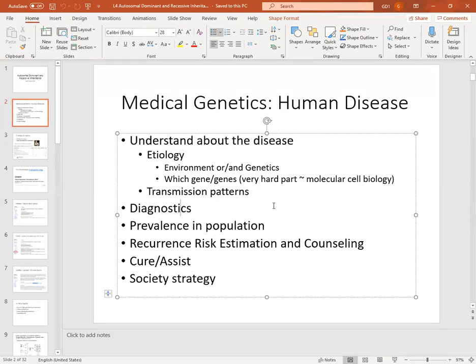But you have to remember that a person may have the mutation but may not have the symptoms or any kind of expression of the disease outcome. We will discuss this in this presentation. And for diagnostics, maybe I just consider whether a few people have the disease or not.